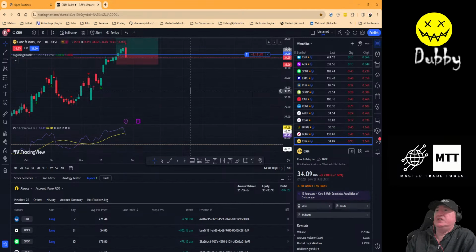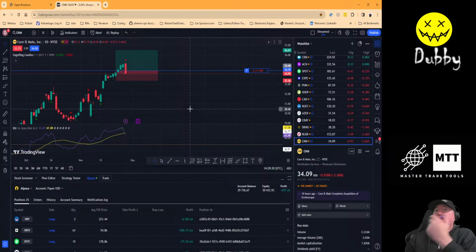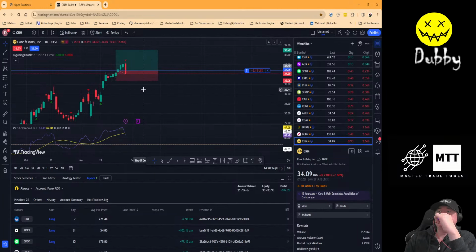Moving on to CNM. This is one that had a lot of pullback yesterday, which created our bearish engulfing candle. It's quite a large candle too, so there's a lot of volume behind it.